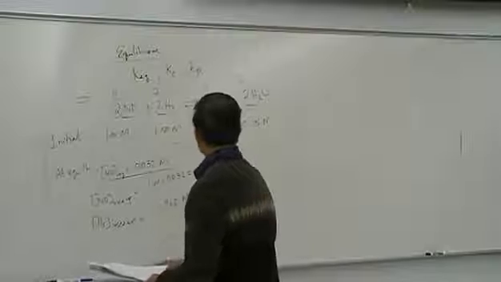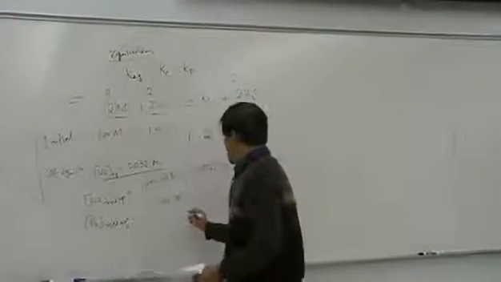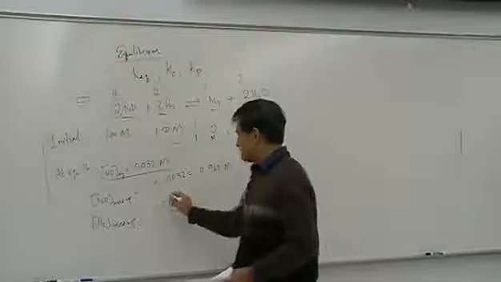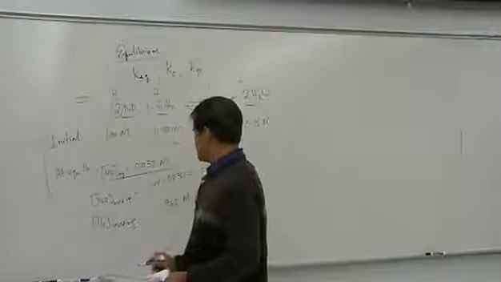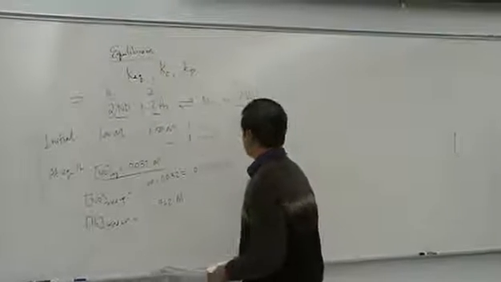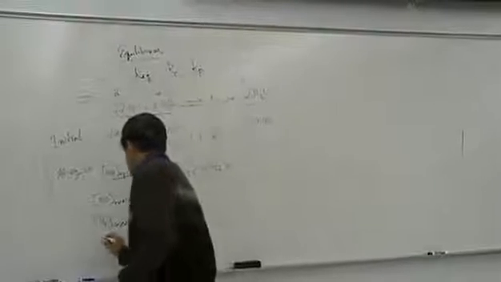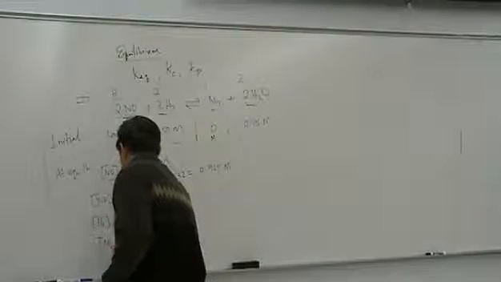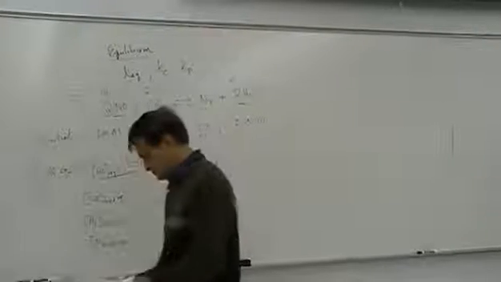Now, if I know how much hydrogen is used up, I can find out the final concentration of hydrogen from here. But let me now find out how much nitrogen is formed. Remember, products are being formed, reactants are used up.